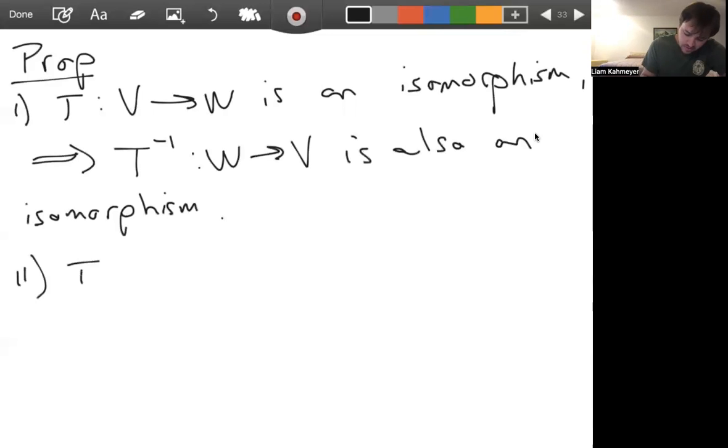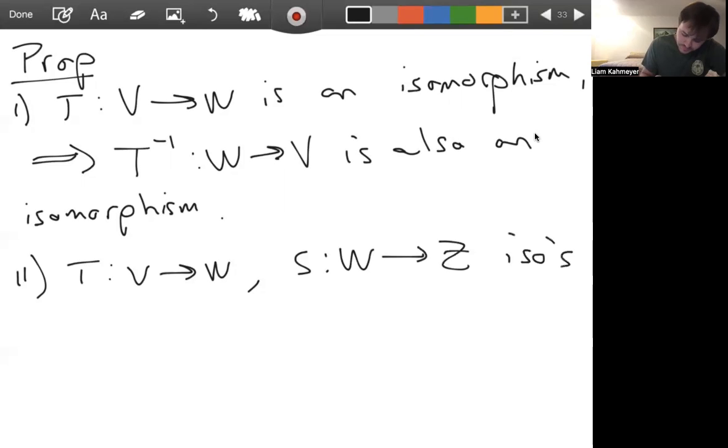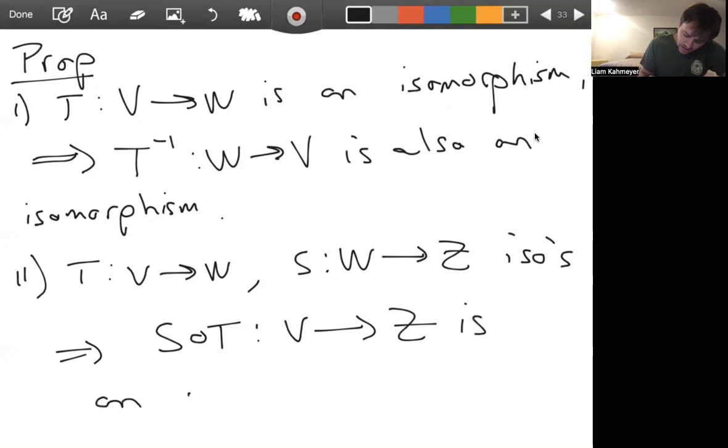We also have that if we have two isomorphisms, T from V to W and S from W to Z, then this implies that S compose T from V to Z is an isomorphism.